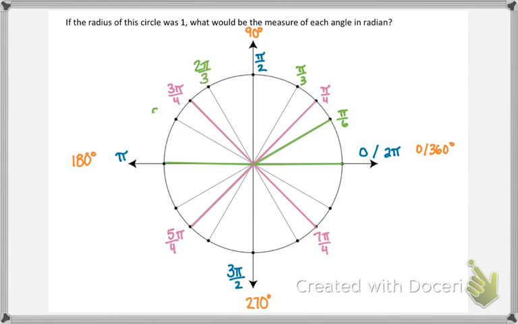And then 5/6, and 6/6 would give me exactly 1 pi, and then the next one would be 7/6.